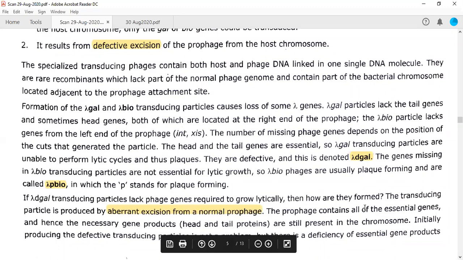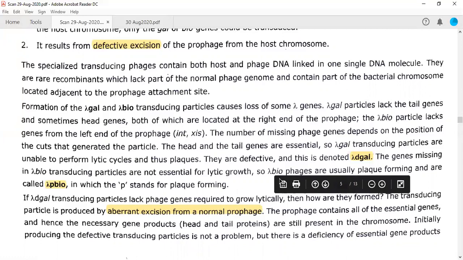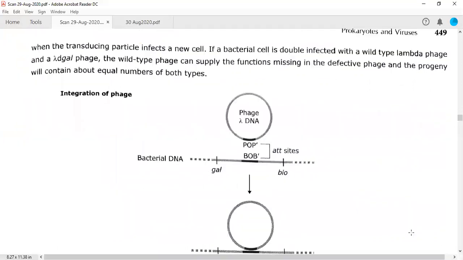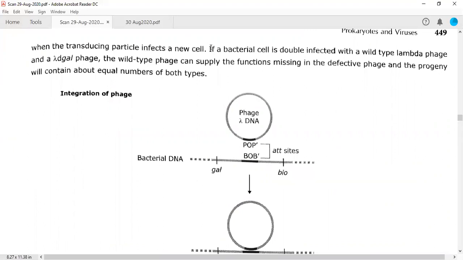The prophage contains all of the essential genes, and hence the necessary gene products, head and tail proteins, are still present in the chromosome. They are present in the chromosome, so initially producing the defective transducing particle is not a problem. But if there is a deficiency of the essential gene products, then it will create a problem. When this transducing particle infects a new cell, it will co-infect with some other virus.